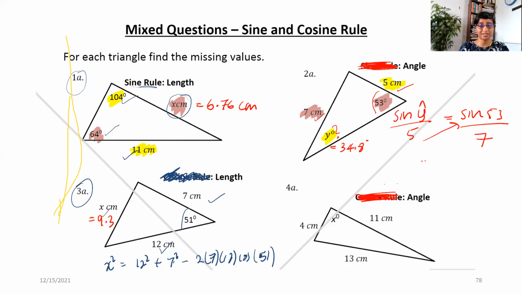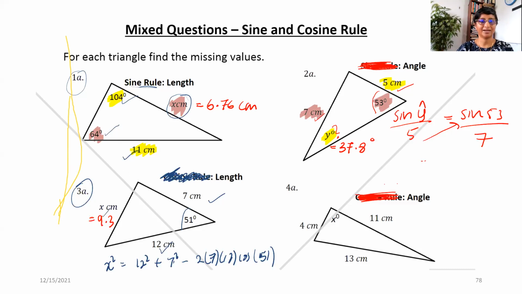It's only one person who has given me that answer that quickly. Akram has a different answer, 37.8. So this is wrong. 37.8 degrees to the nearest one decimal place.